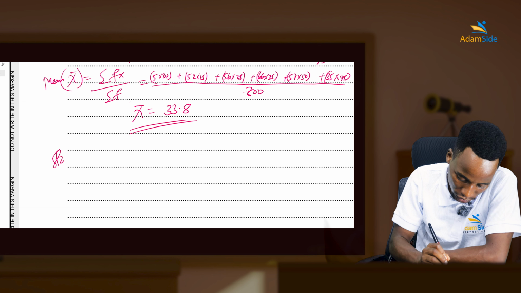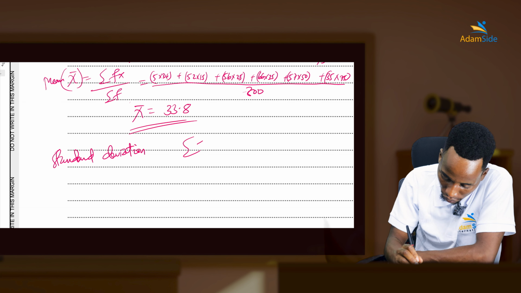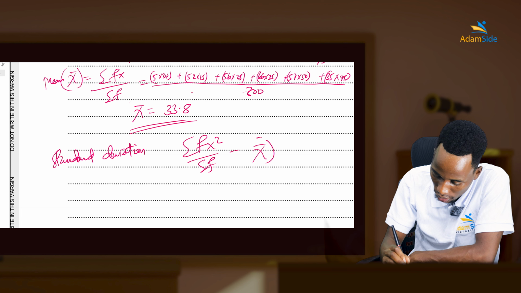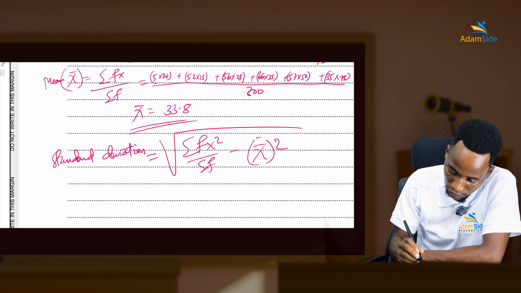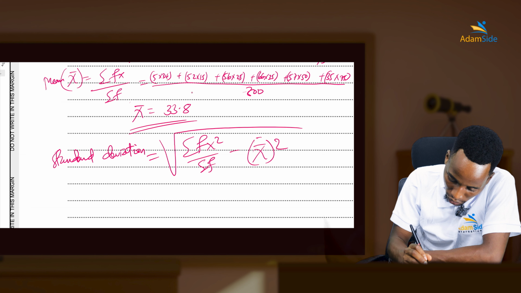Now the standard deviation, we know it's the square root of the summation of fx squared over the summation of f, minus the mean squared. So to find the summation of fx squared, we square the x while we are multiplying by the frequency.